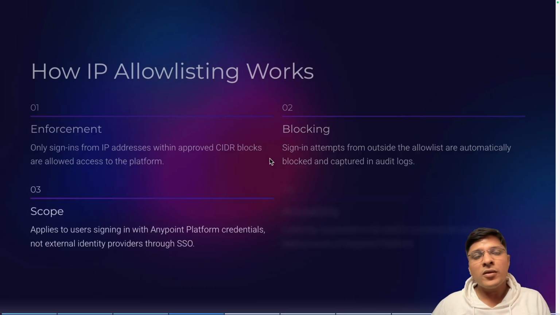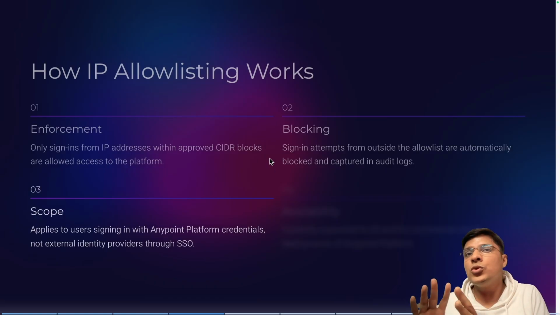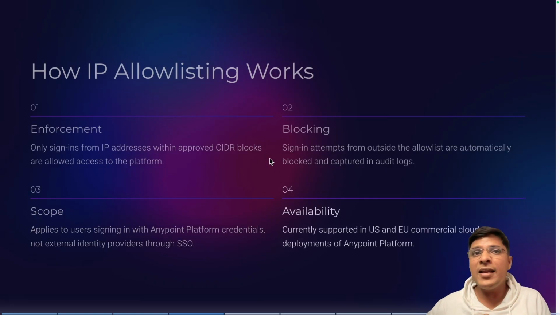Third, this restriction is only applicable when users log in via Anypoint platform credentials. If they log in from an external identity provider via SSO, this restriction is not applicable to those users. Finally, this is available in the US and EU commercial cloud deployments.